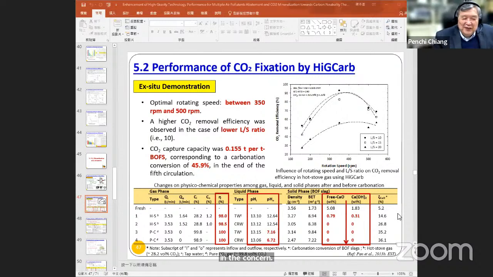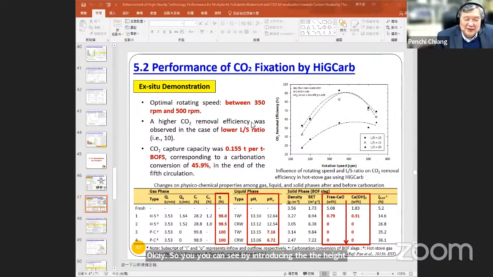So by introducing the high-G process in the system, you can see we can have such a good performance. This is based on our previous operating conditions. The rotation speed is here, and this is the lower liquid-solid ratio shown here.